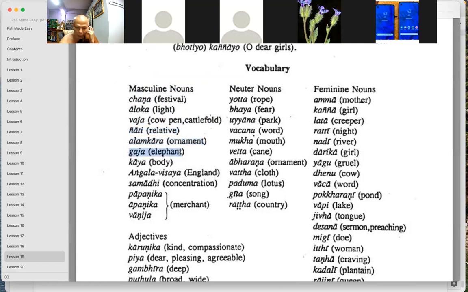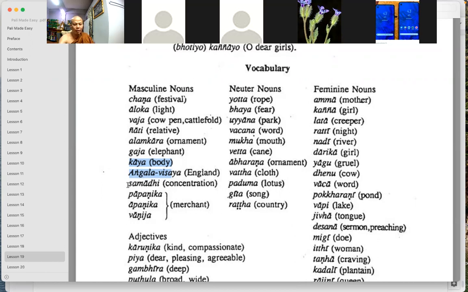And gaja, elephant. Kaya, body. So Ingala, we say England. Maybe that one is not in Pali actually, but the order of the Pali is easy. So Sayadaw taught this lesson in England. Maybe at the time one of the students asked Sayadaw how to say England in Pali. So at the time Sayadaw said this one. England, we say Ingala.